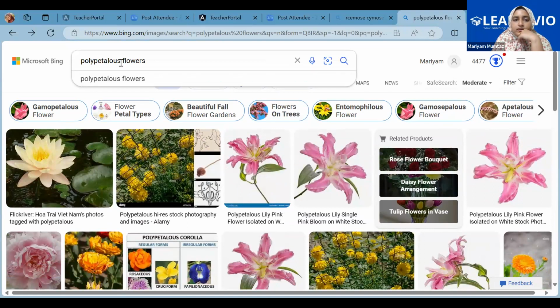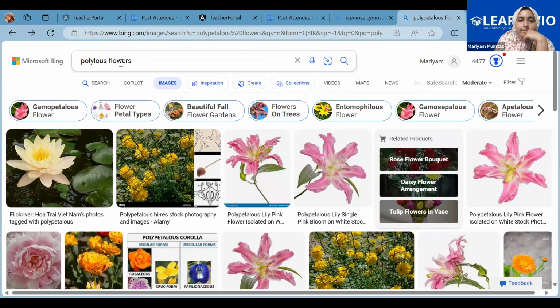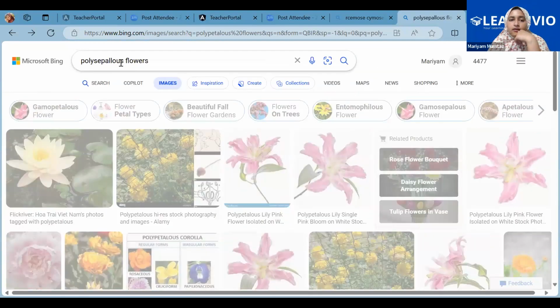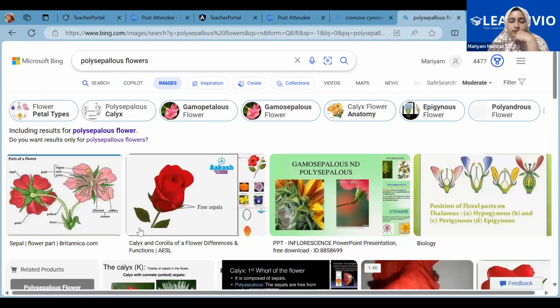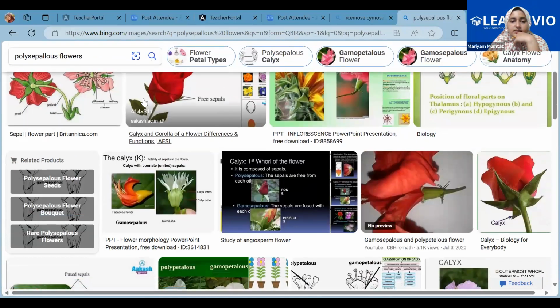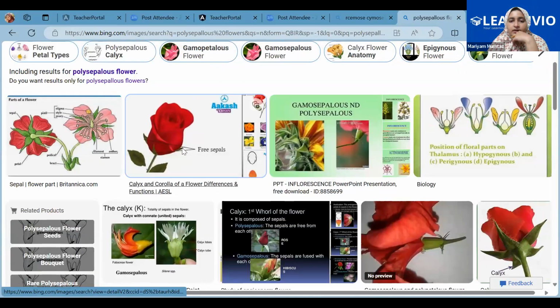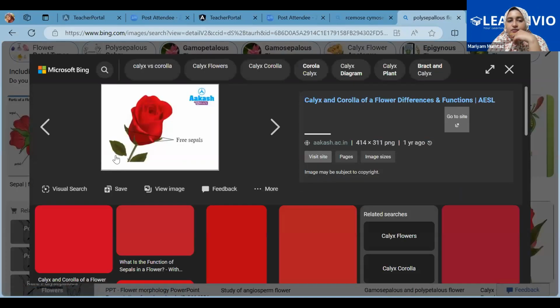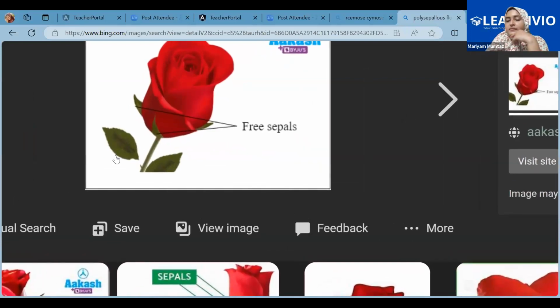Polysepalous species. Okay. See, in this case, first is the case of the rose. Do you see, as I showed you in this flat part also, all of the sepals are separate, isn't it? You can pluck one sepal out if you want to.